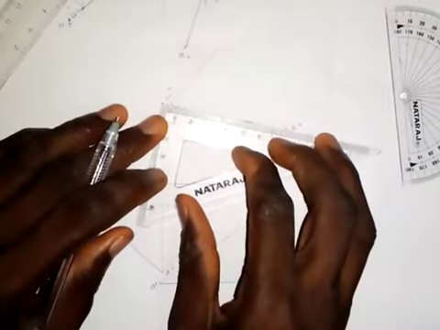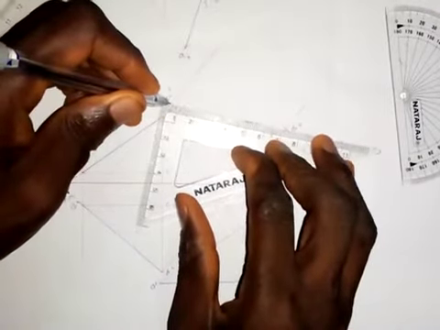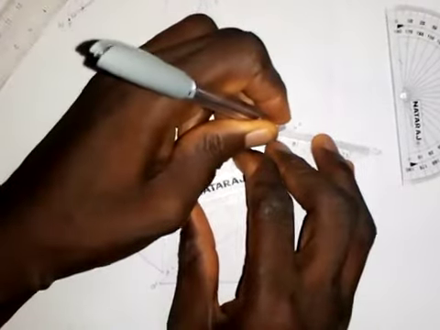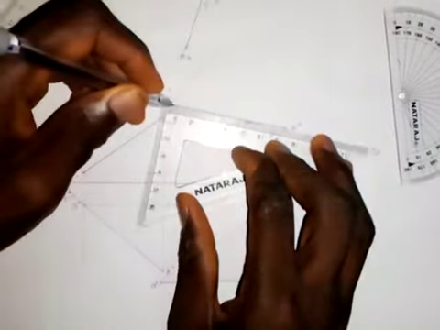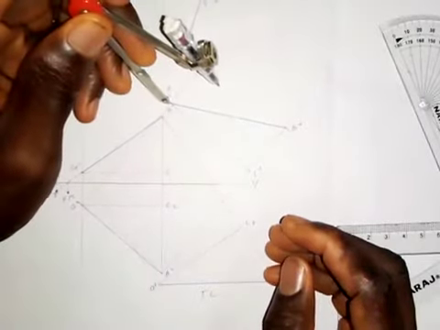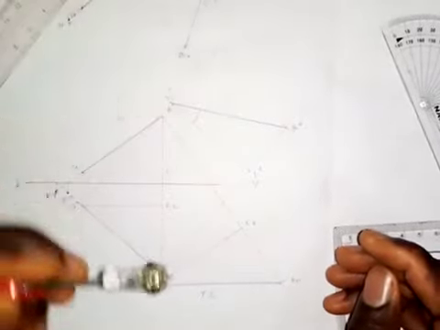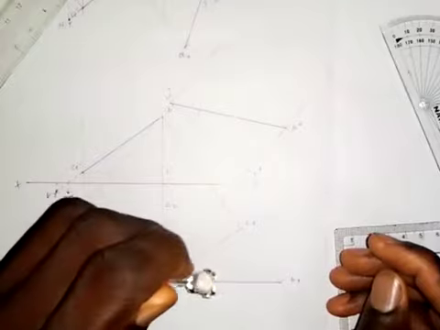I will join A4 B4 together to obtain the true length of the line, and it is also the auxiliary elevation of the line. Okay, so that is the true length of the line. Then let me mark this angle as the true inclination.